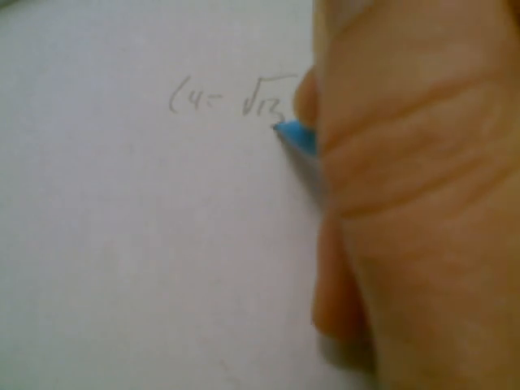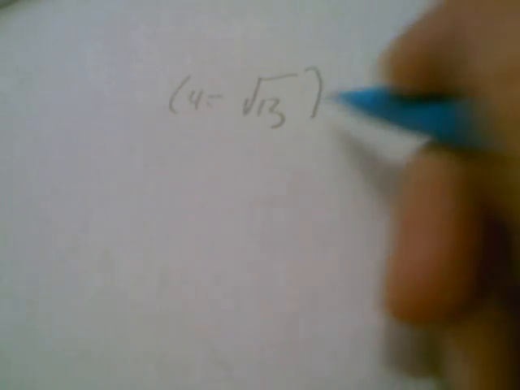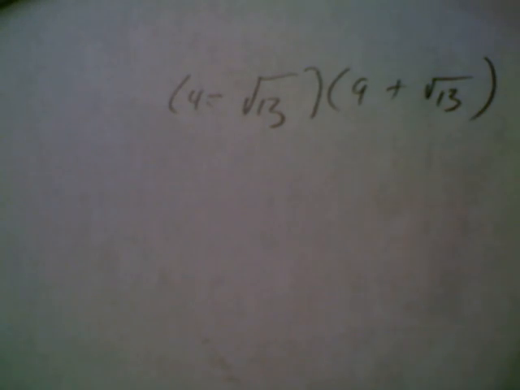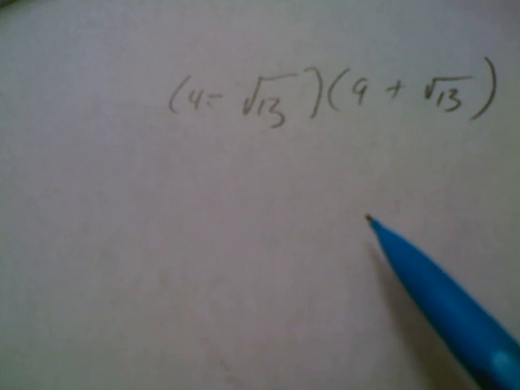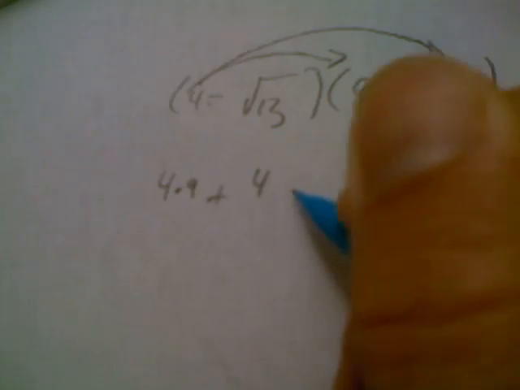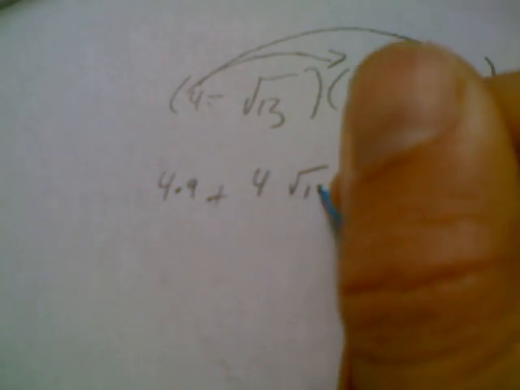We're going to say 4 minus square root of 13 times 9 plus square root of 13. Two factors, we FOIL it. 4 times 9 is 36. Then plus 4 times square root of 13.